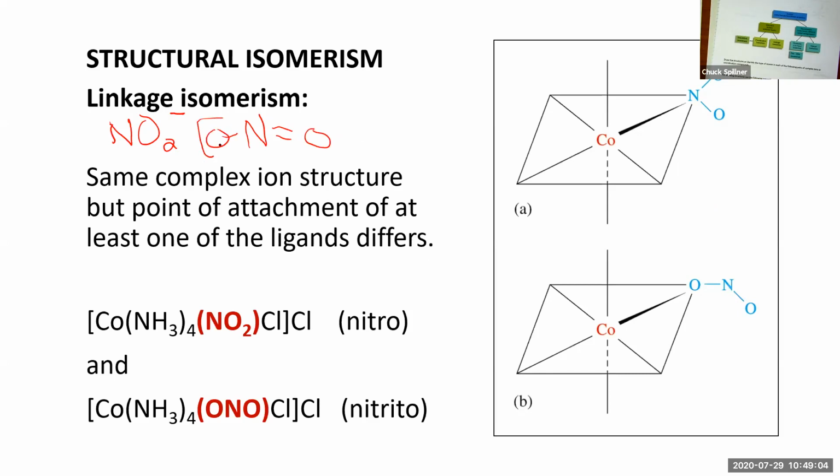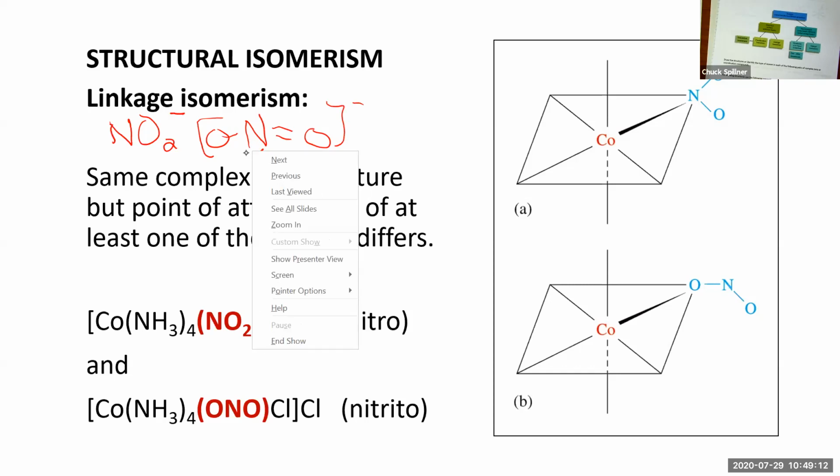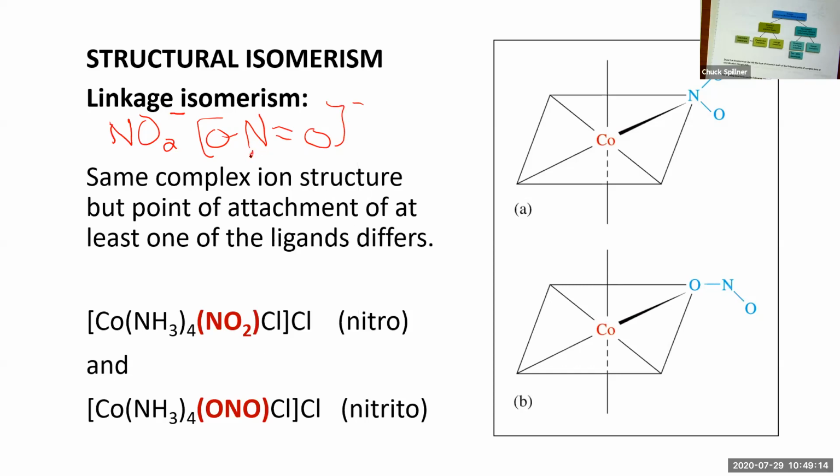O in brackets, it's a negative, and it has a lone pair on the nitrogen. And it has, remember, lone pairs on the oxygen. I don't know if I can draw these. This is a pretty sensitive stylus. If I press too hard, there we go. Okay, there's the lone pairs of the oxygen.